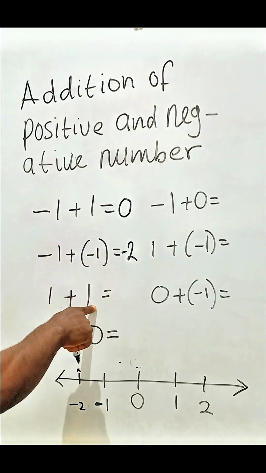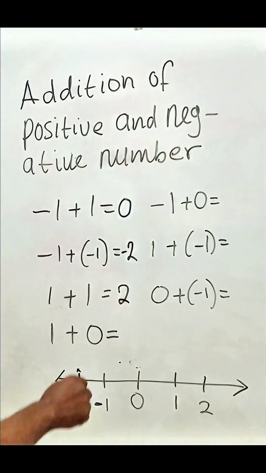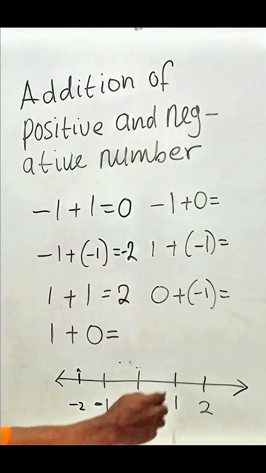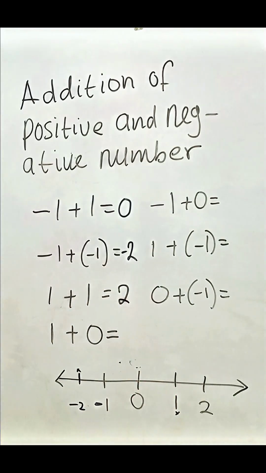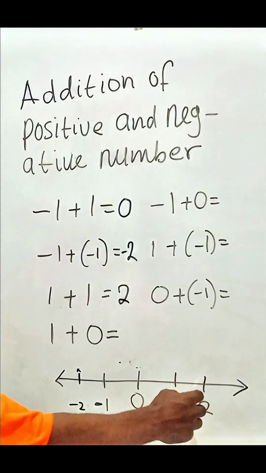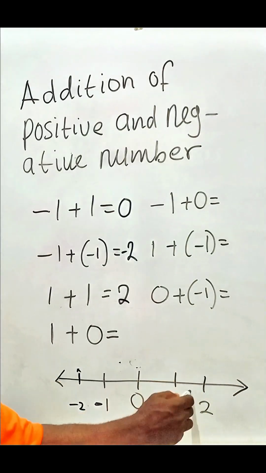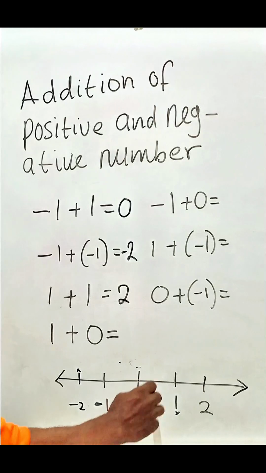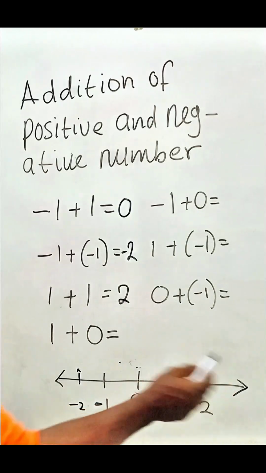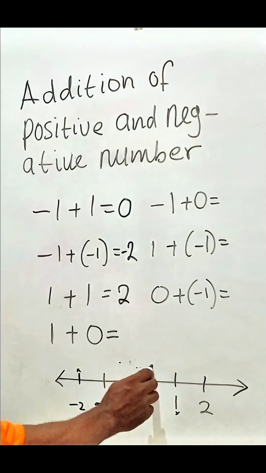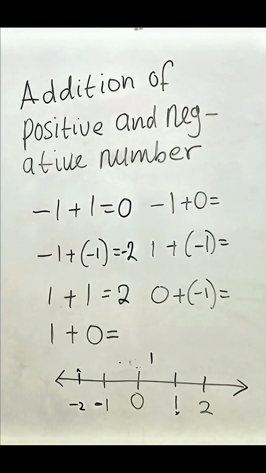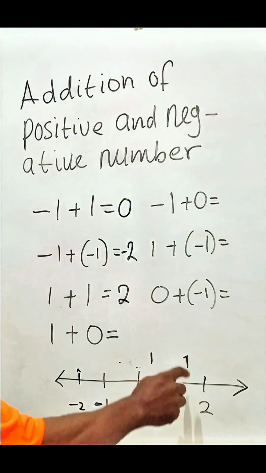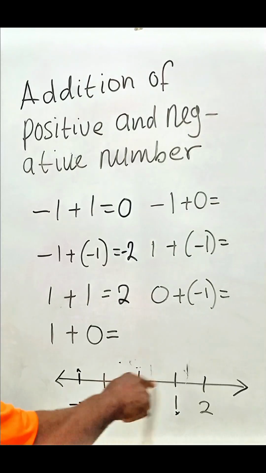1 plus 1 is equal to 2. On the number line, if we start from +1 and then we move 1 unit to the right of +1, on the positive side of the number line, each interval is 1 unit, positive 1 unit.